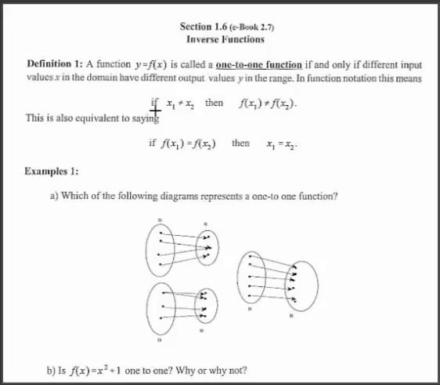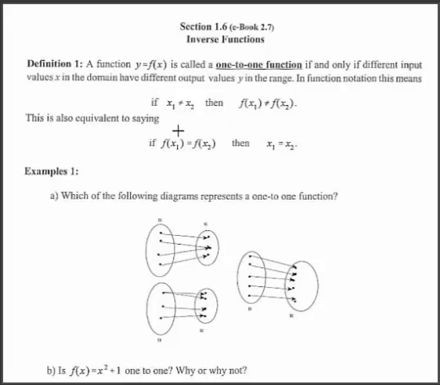So we've made it to the final section of Chapter 1, 1.6, and we're going to talk about inverse functions. What we talk about here applies to a lot of the functions that we've already seen. However, not all of them exhibit this property that we call one-to-one.